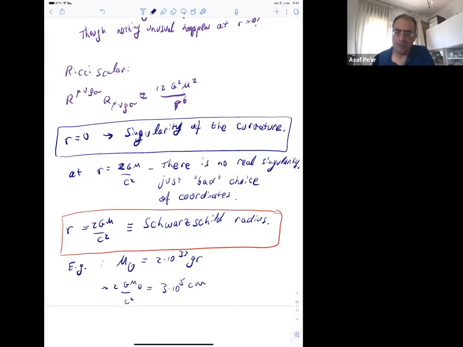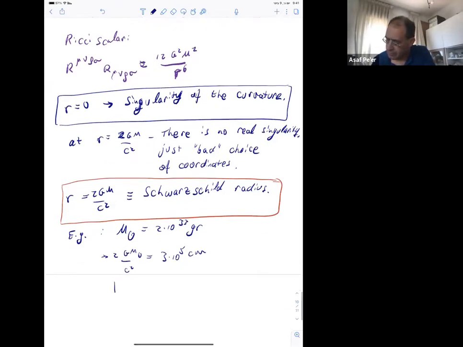But what is the actual radius of the sun? It's several orders of magnitude larger than that. It's something like 7 times 10 to the 10 centimeters. So that's something like 100,000 to a million times the Schwarzschild radius.